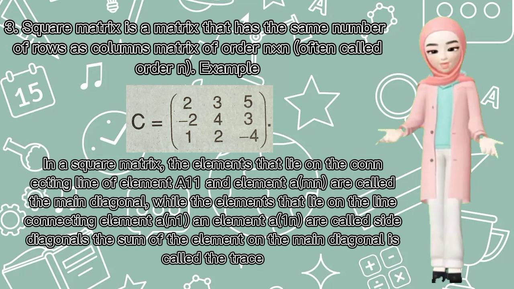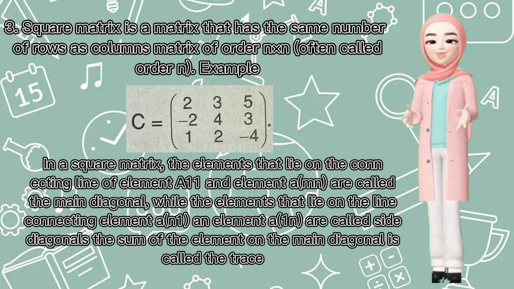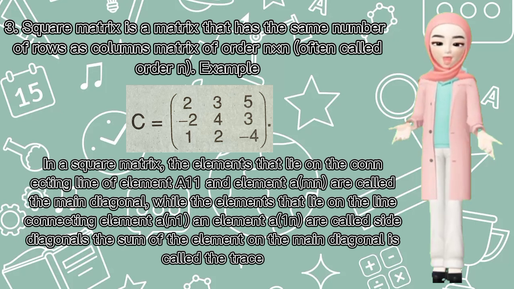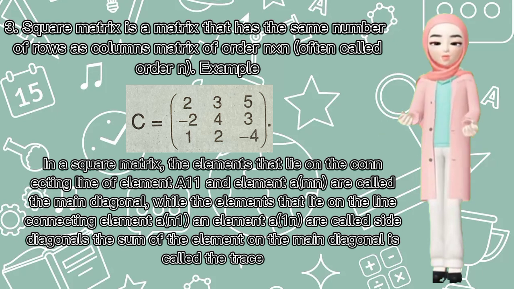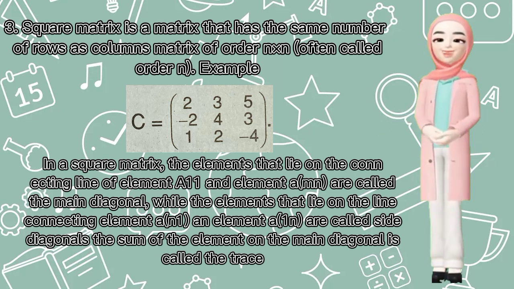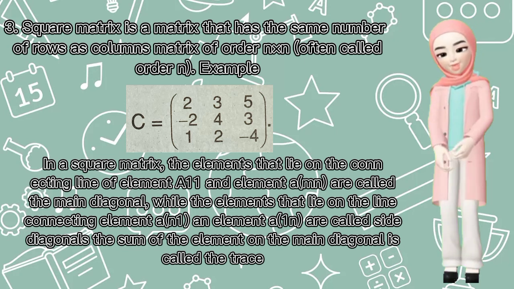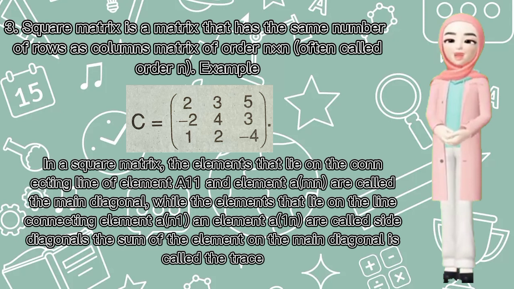In a square matrix, the elements that lie on the line connecting element A11 and element Amn are called the main diagonal, while the elements that lie on the line connecting element An1 and element A1n are called side diagonals. The sum of the elements on the main diagonal is called the trace.